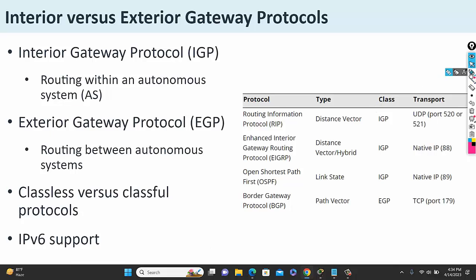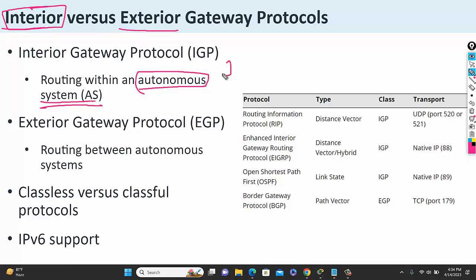Now the question is, how many types of routing protocols are there? Some routing protocols are interior, and some are exterior. When we talk about interior, first we should know about the autonomous system, the AS number. An autonomous system means, for example, Jio is one autonomous system, and Airtel is another autonomous system.